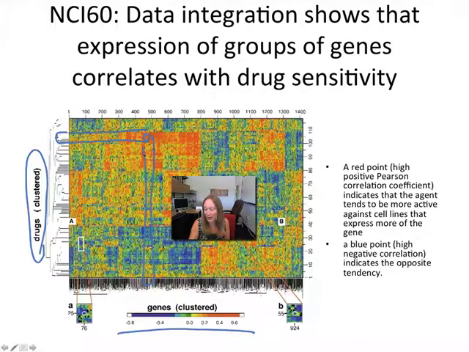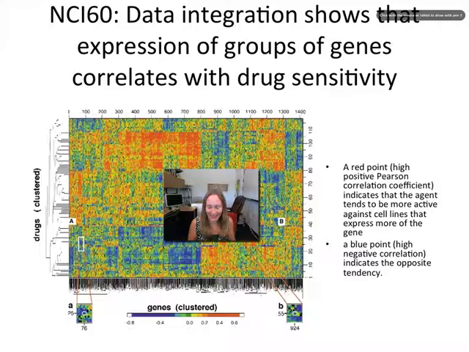So a red point, like what I've just circled here, indicates that the agent that lines up exactly with that red point tends to be more active in cell lines that express more of that gene. Okay, let's walk through a little example that illustrates what this means.